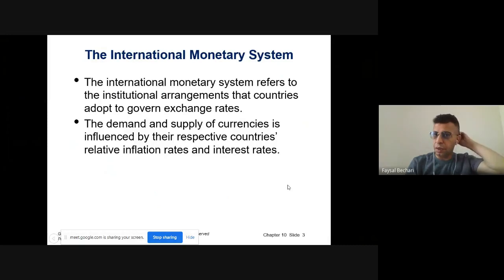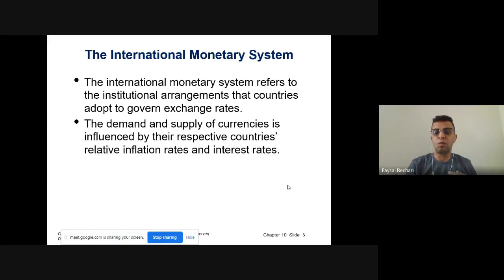Now, the international monetary system refers to the institutional arrangements that countries adopt to govern exchange rates. If you're buying or selling something from outside the country, you need to pay in their currency or your currency, and you have to exchange these currencies at an exchange rate.